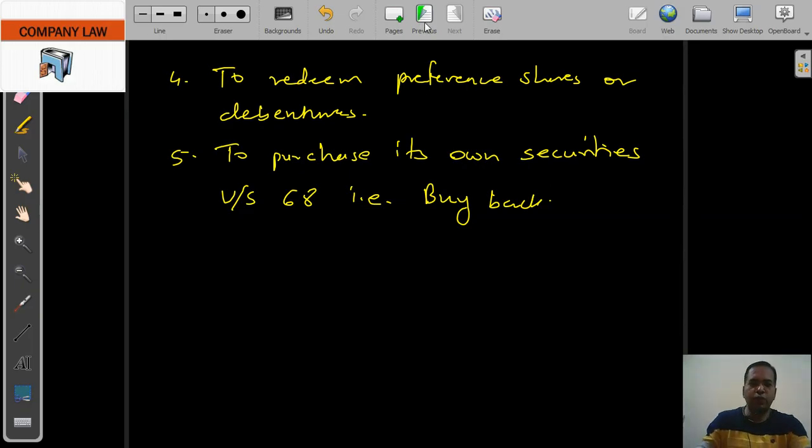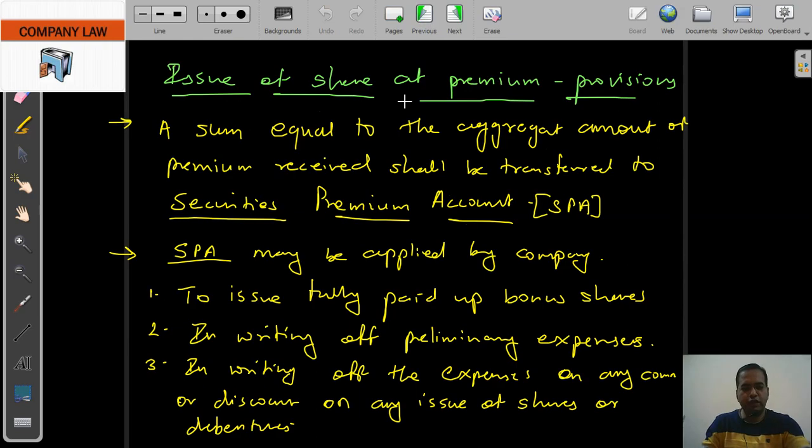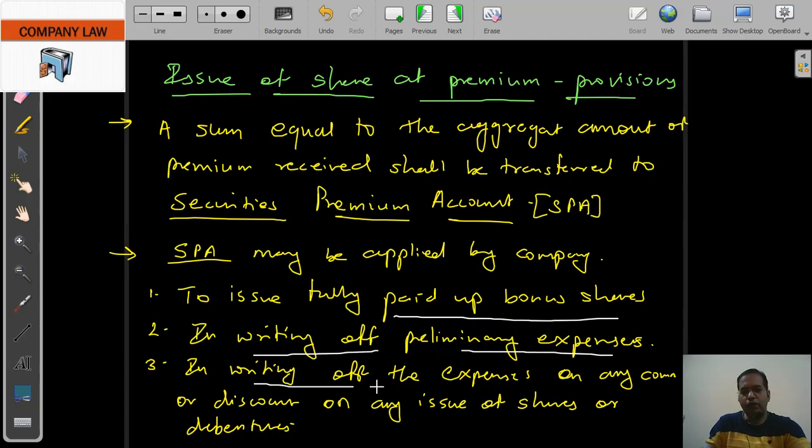Okay, so these are the provisions relating to the issue of share at premium. So the sum equivalent to the aggregate amount of whatever premium the company receives should be transferred to securities premium account. How can this account be applied? To issue fully paid up bonus shares, to write off the preliminary expenses of the company, and to write off the expenses of any commission or discount on issue of shares or debentures. तो जो भी issue of shares और debentures हो चुके हैं, उसका issue आने के बाद, पैसा आने के बाद, company can utilize the funds towards those expenses.